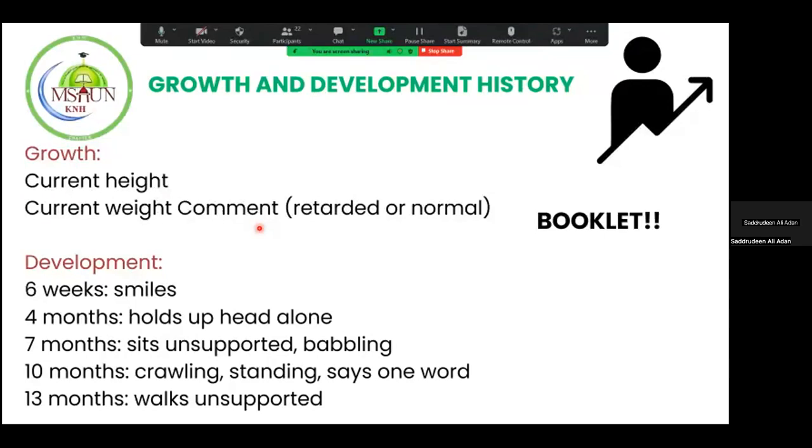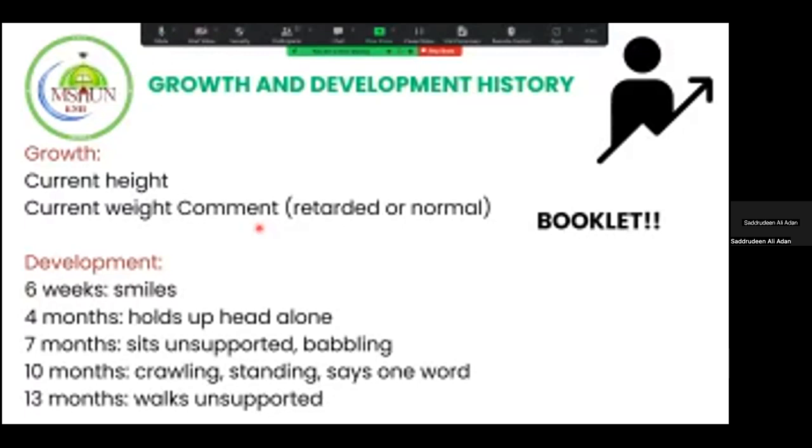It's a letter or syllable and a sound, but the baby cannot say baba or mama. Babbling is not one word. It does not make sense to you, but the baby is trying to say something. So at 7 months, sits unsupported and babbling.